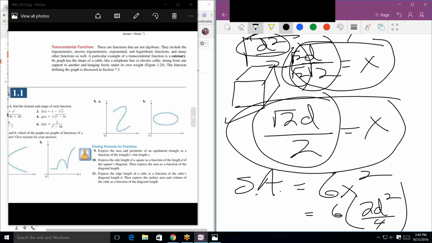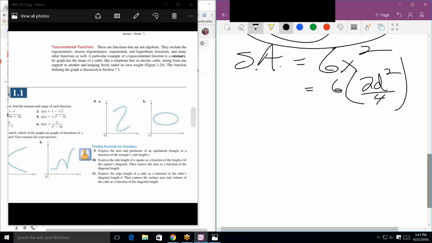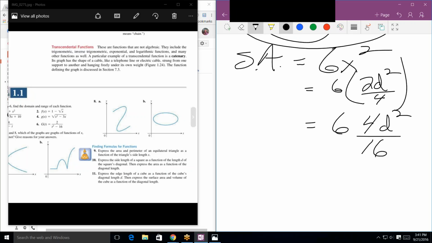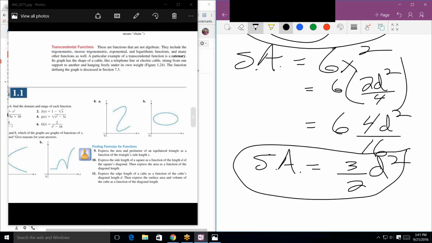So x squared is the square of the left side of that equation, which is 2d squared over 4. Okay, and then that simplifies, because I'm squaring top and bottom. I've got 6 times 4d squared over 16, which is 3/2 d squared. That's what surface area is as a function of d.